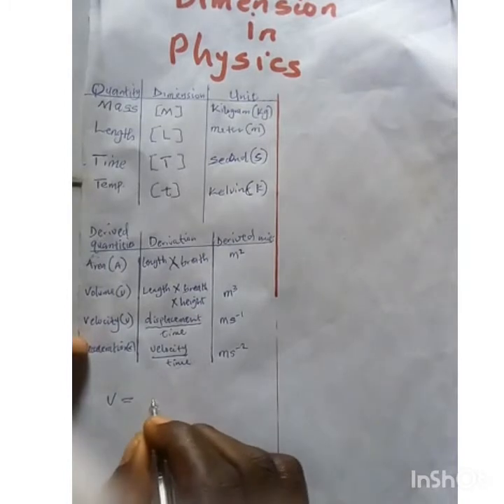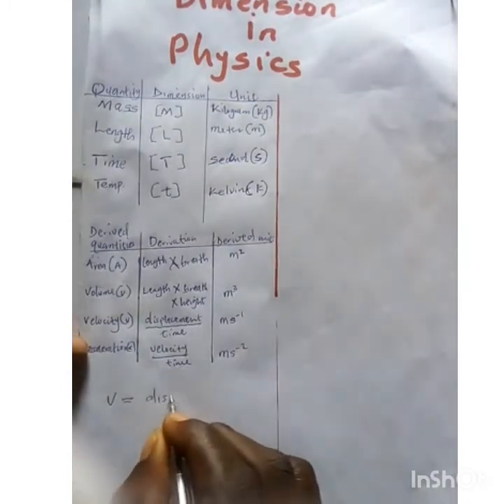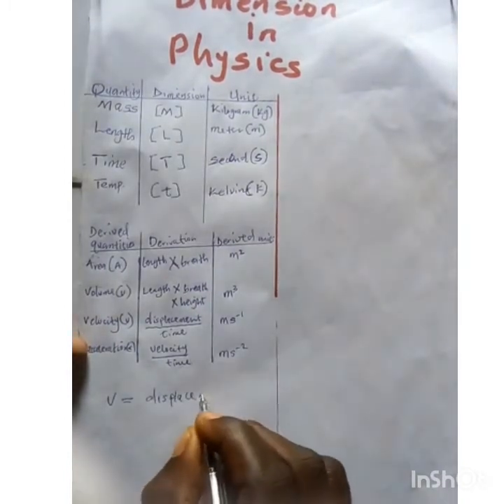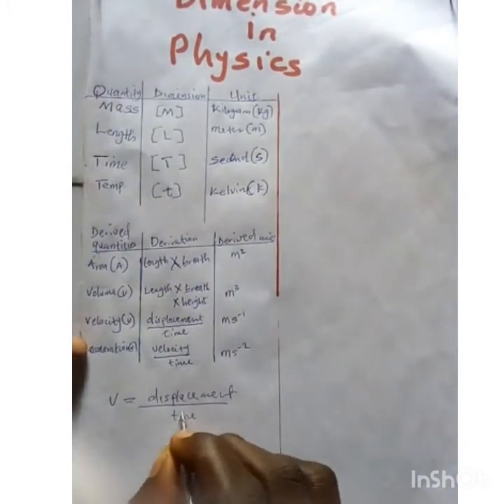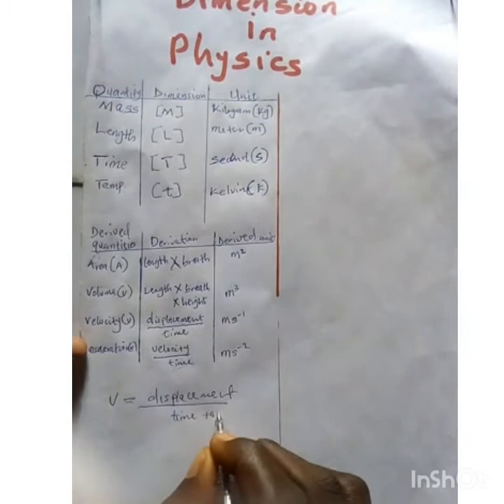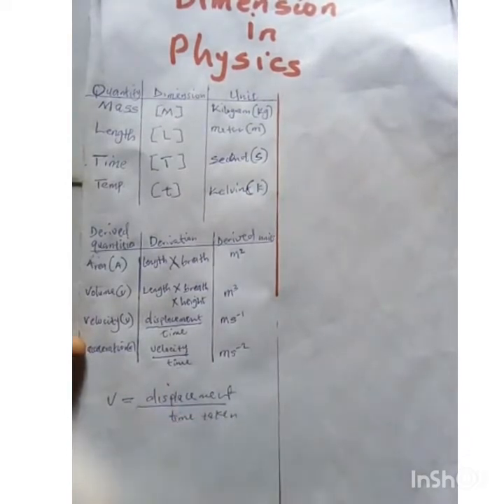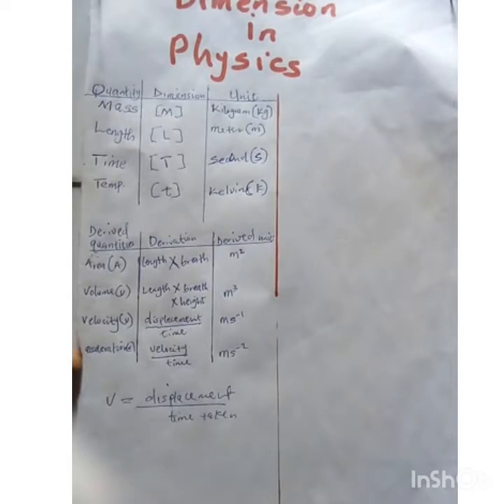V equal to displacement all over time taken. This is the formula. That is to say, if you don't know the formula, you can't find dimension. So it is compulsory on you to go and learn formula.